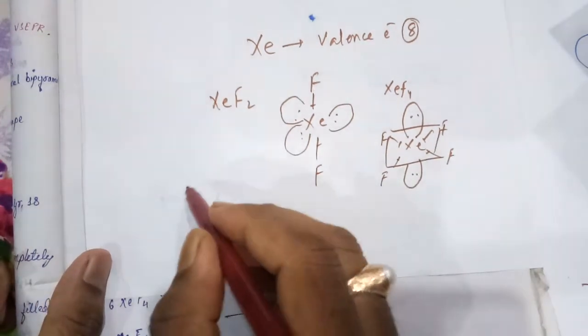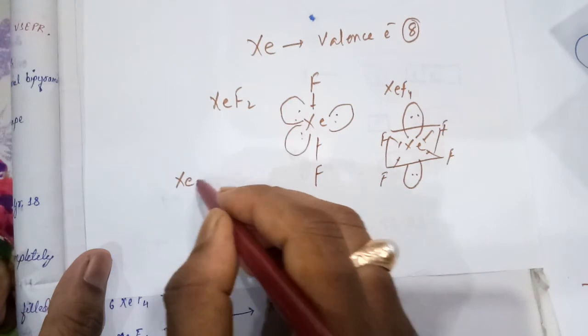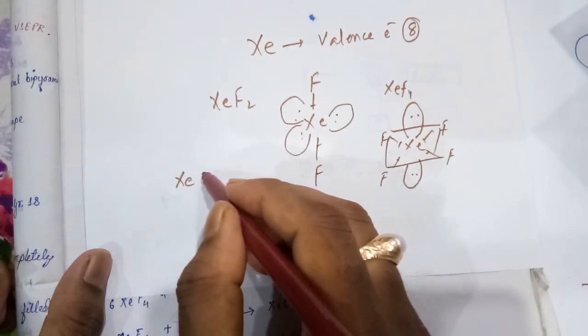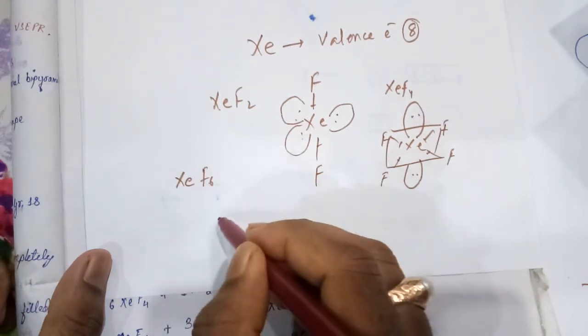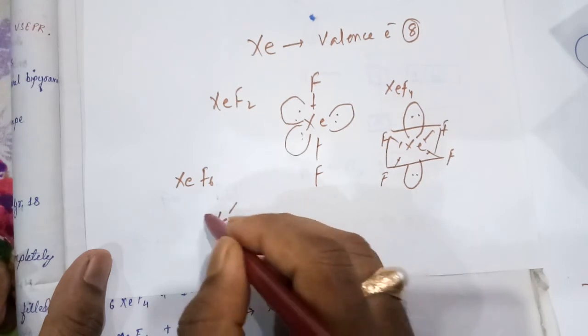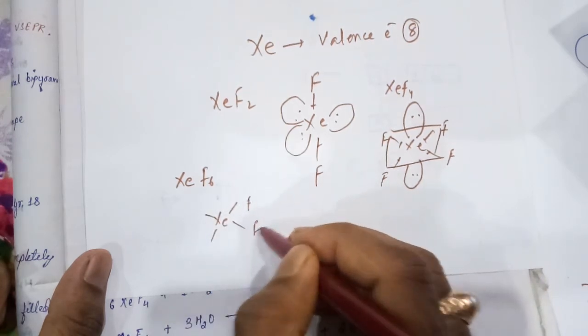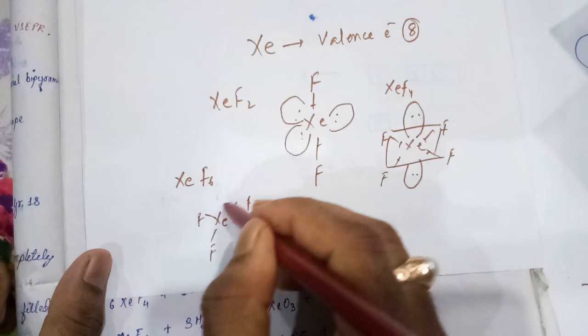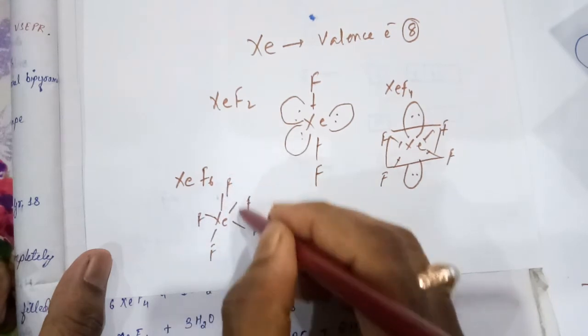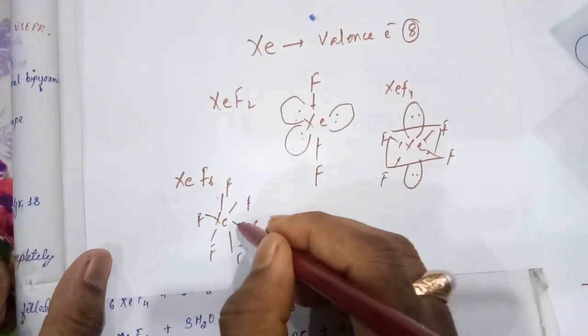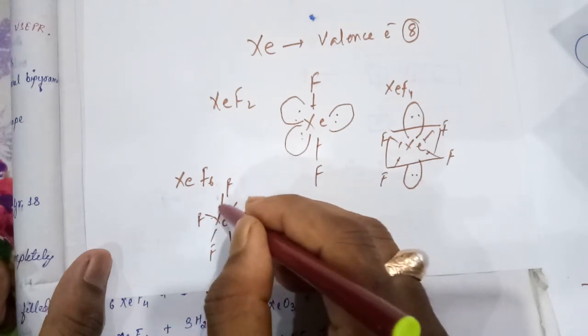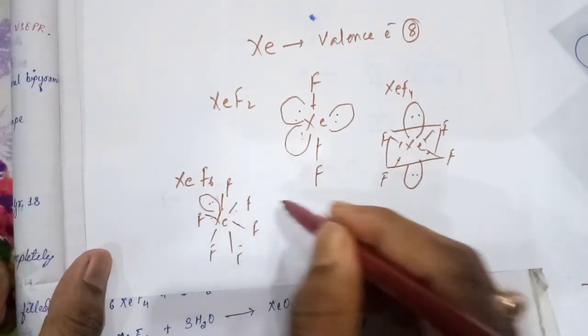Then if I want to draw XeF6, 6 electrons are used. Still there is a lone pair left, which you have to show here.